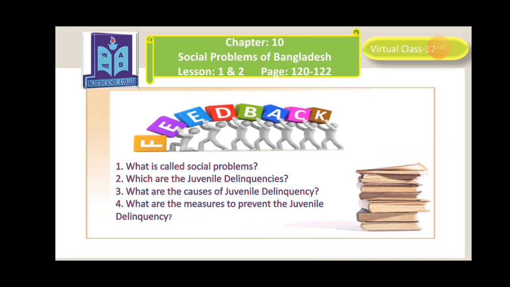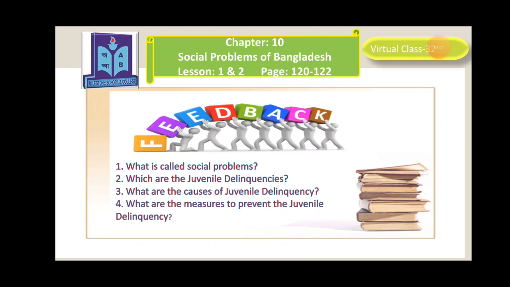Then number 3, what are the causes of juvenile delinquency? Yes, these are poverty, unhealthy family life, lack of recreation. Okay, thank you. Then number 4, what are the measures to prevent juvenile delinquency? Who can tell these points one by one? Okay, thank you.